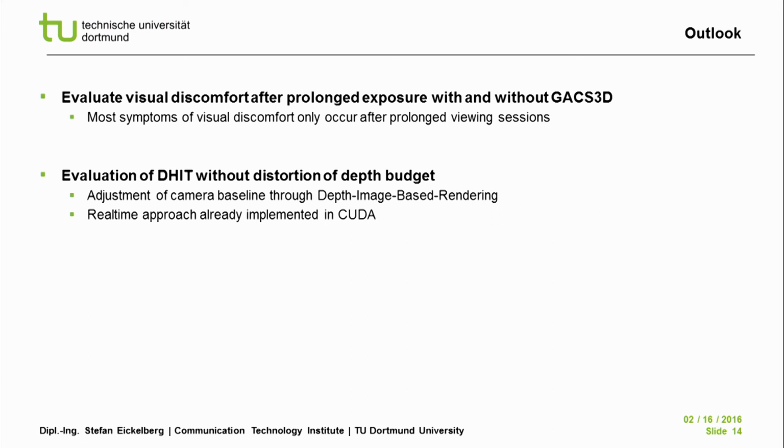So in the future, we would like to investigate this approach after prolonged viewing sessions. And furthermore, due to the horizontal image translation, there's a certain distortion of depth. This distortion can be compensated for by adjusting the camera baseline, and this can be done through depth image-based rendering, like we've heard yesterday already.